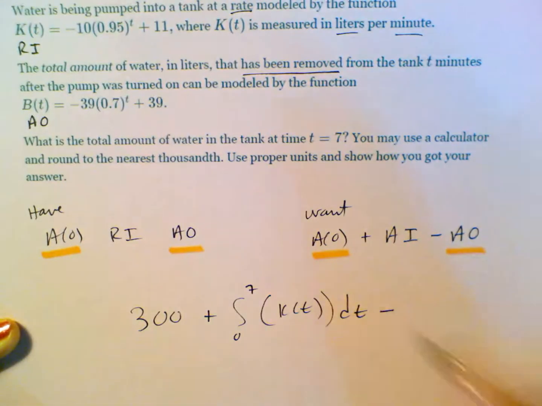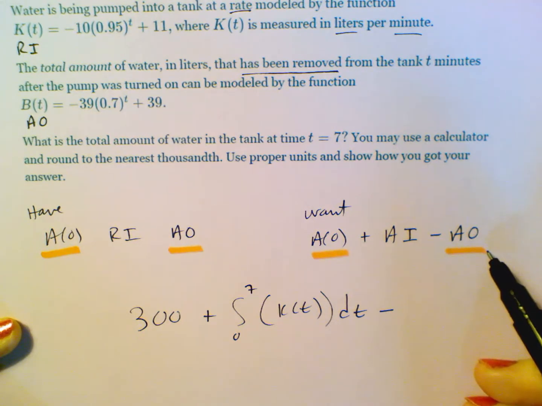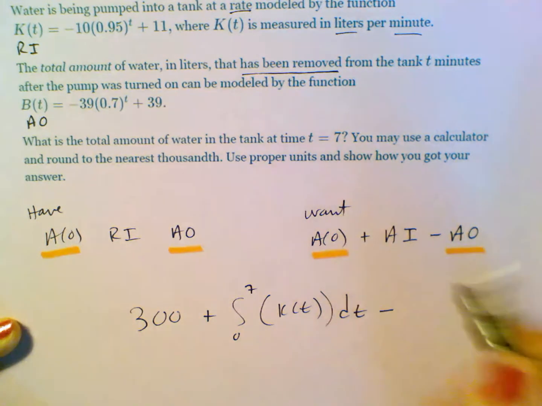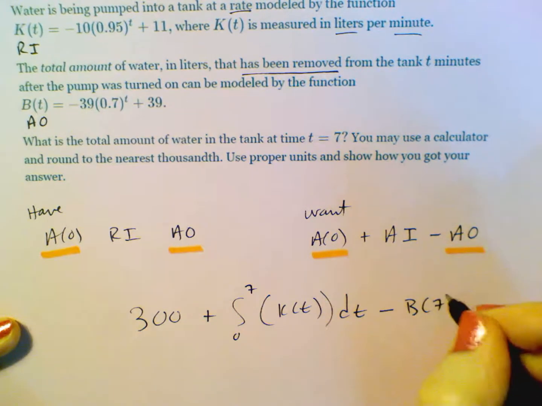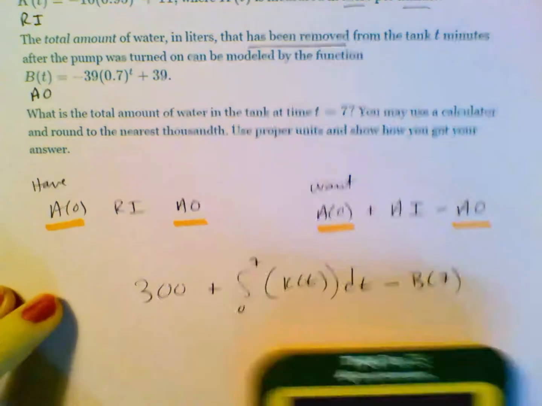And then we're going to subtract the amount that has gone out at 7. So that would be B at 7. Now the beautiful thing, guys, is you could do this all in your calculator.